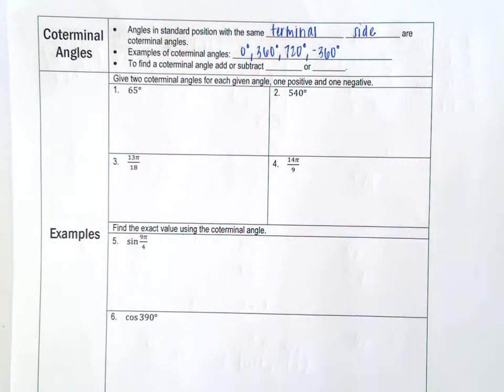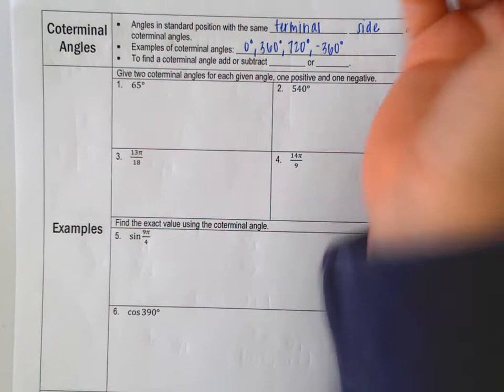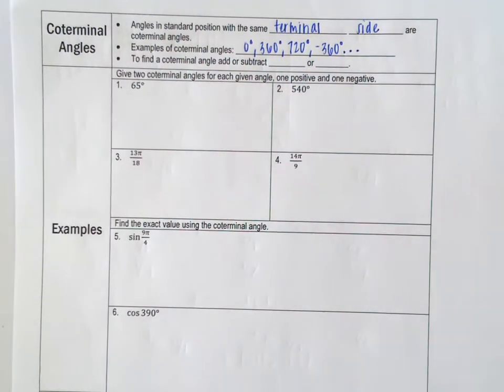Coterminal angles are basically angles that are in the same spot as another angle. It's just 360 more or 360 less, or 2 times 360 more or 3 times 360 more, whatever, because this can really keep going.